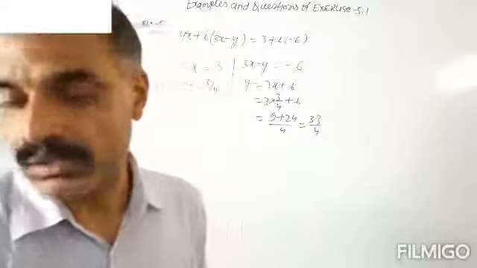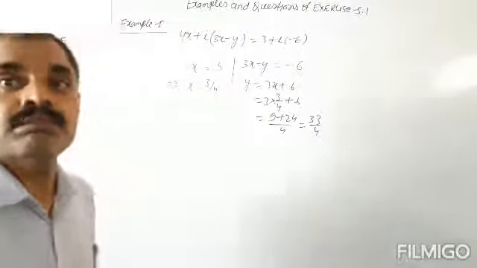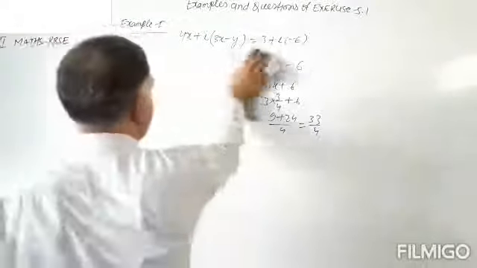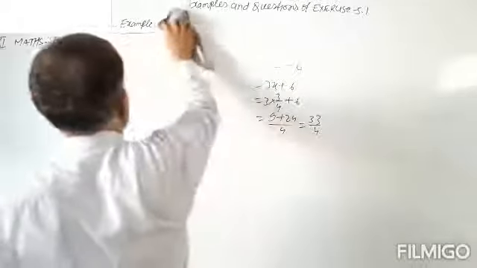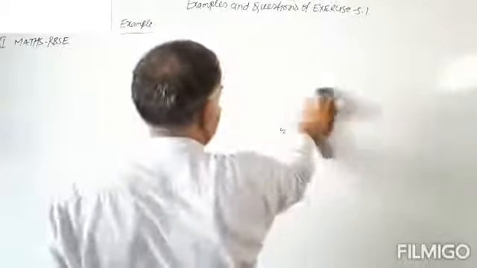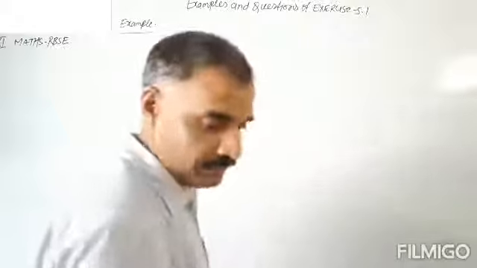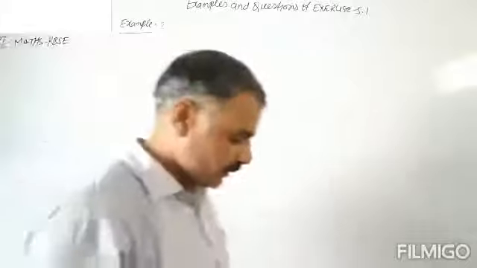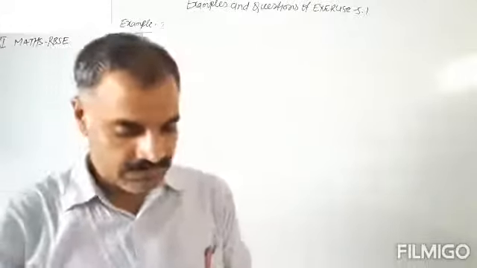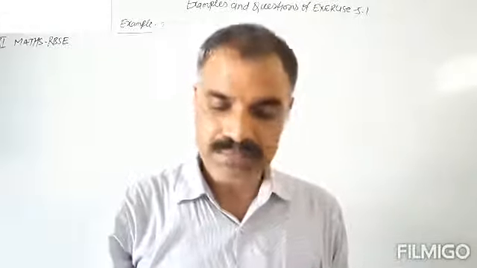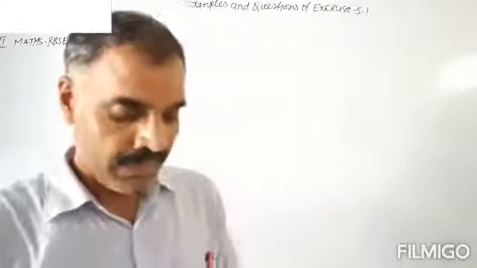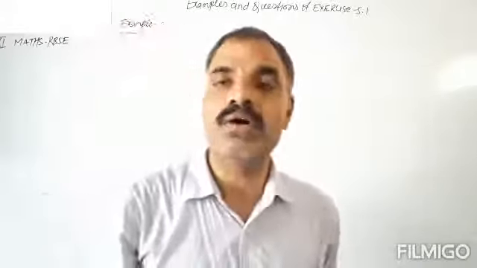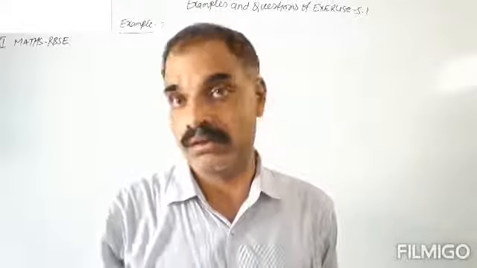Now let us take example number second of the same exercise, 5.1. The second example is on page number 101. Express the following in the standard form of a complex number.